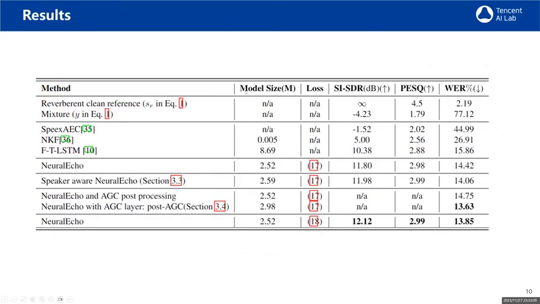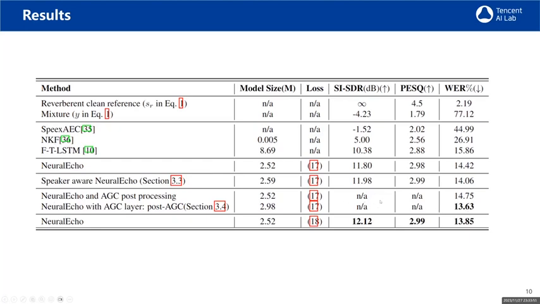So here is a comprehensive experiment comparing the NeuralEcho with the conventional AEC and Swift AEC, neural network-based models like neural Kalman filter, and the frequency and time domain LSTM model. Here, by incorporating the speaker information, the performance is slightly improved. By adding the AGC branch, the word error rate has a significant drop.